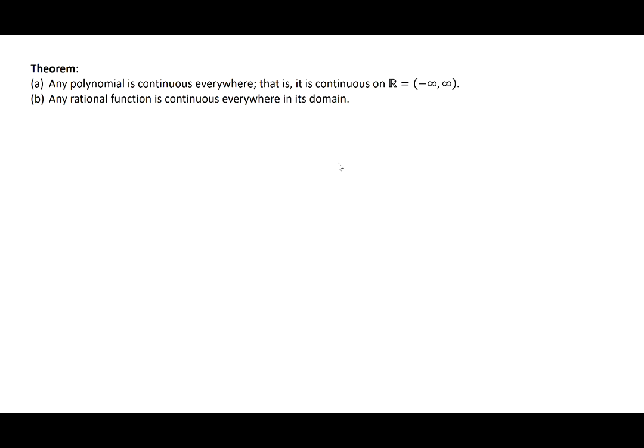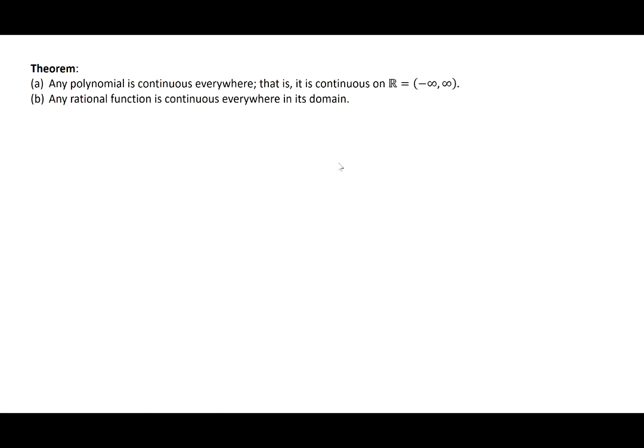Yep, constants are 0th degree polynomials. Please understand that. Remember that. A constant is in fact a polynomial. 2 is a polynomial. What degree polynomial? 0th degree polynomial, because I can think of 2 as 2 times x to the 0. So that's a 0th degree polynomial. Usually they say constant polynomial.